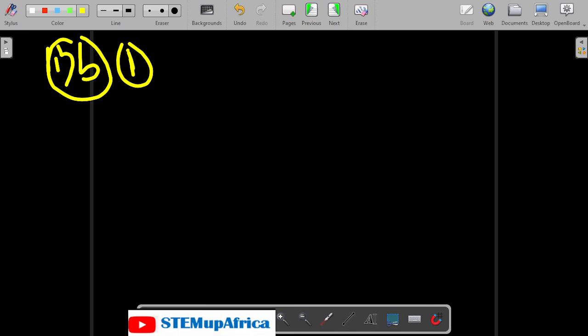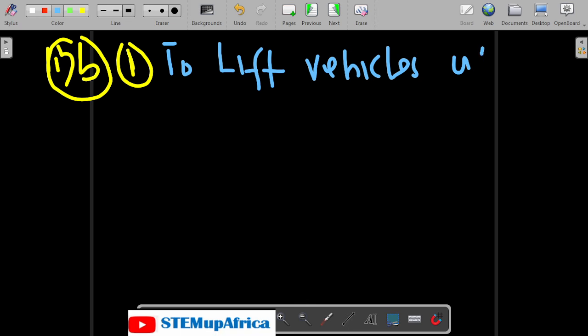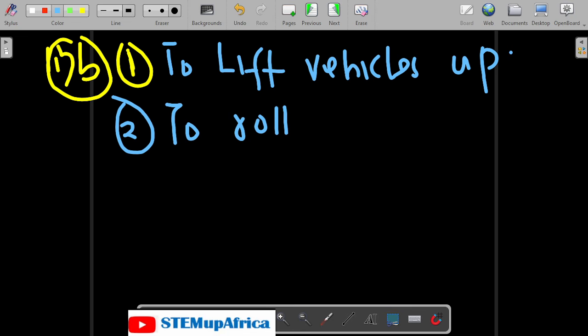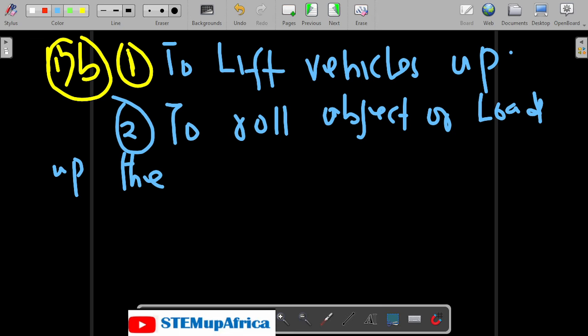Number 1, we have the screw jack, which you use to lift vehicles up for repair. 2, we have the inclined plane, to roll objects or load up the plane.